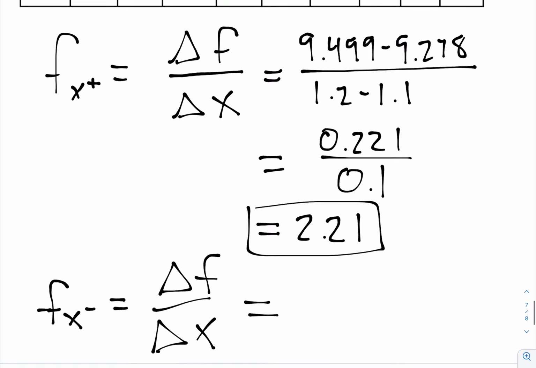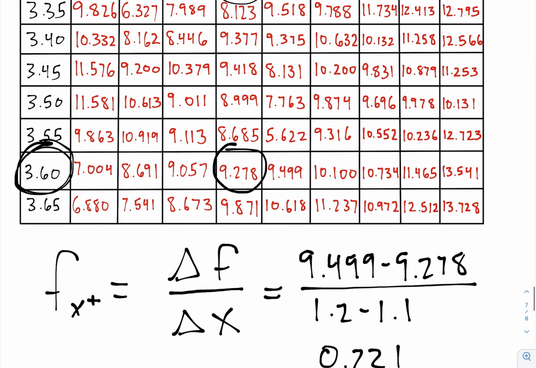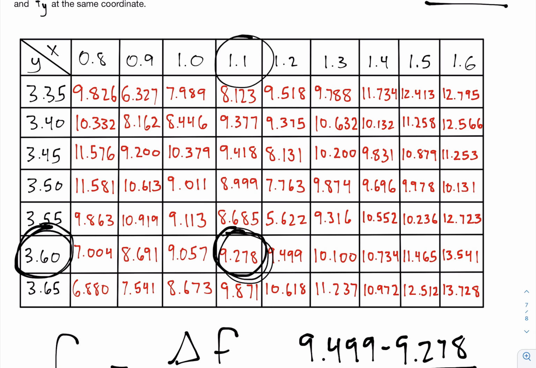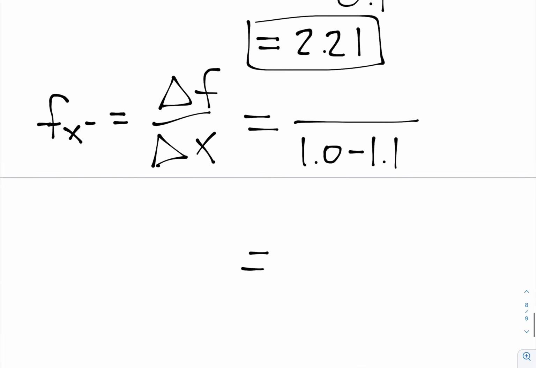But what if we went from 1.1 to 1.0? Or sorry, from 1.0 is first because that's our x2. So this is the x we started with, the x we're going to. So if we start here at x equals 1.1 and we bump ourselves to the left one instead of to the right, our change in x is going to be negative 0.1.